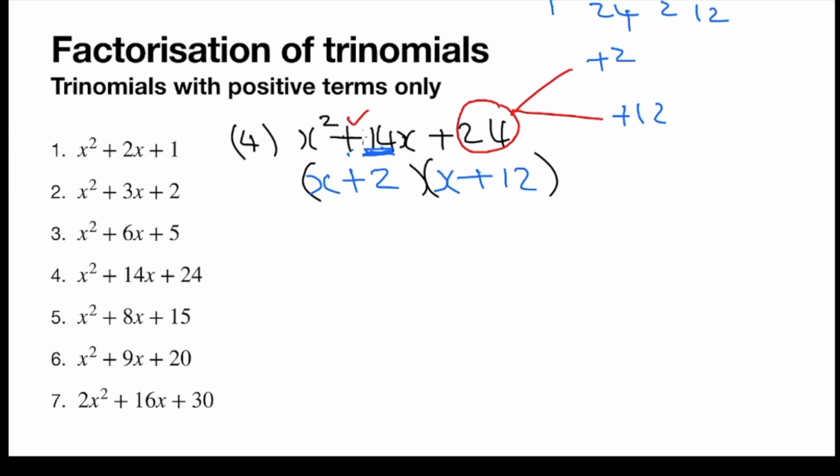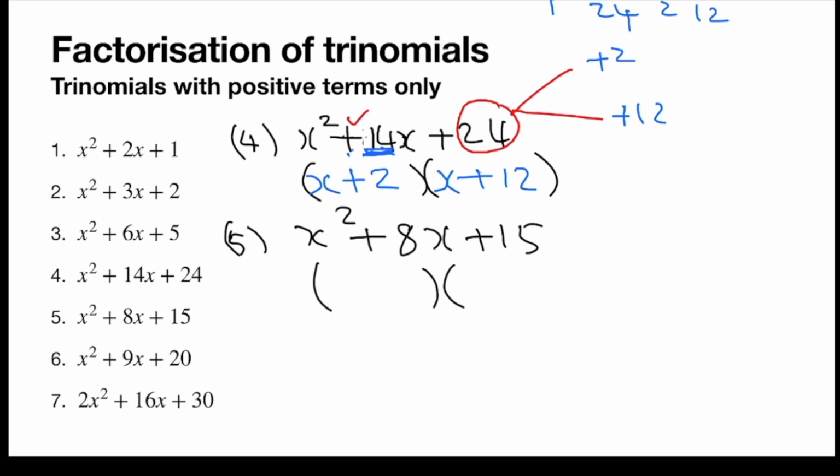Right. Look at number 5. Number 5 says x squared plus 8x plus 15. So draw your brackets. Right, then x squared means x times x. That one is straightforward. And next you need to look at that number 15 there. Right, we are looking for 2 numbers that we multiply by each other to give us 15.